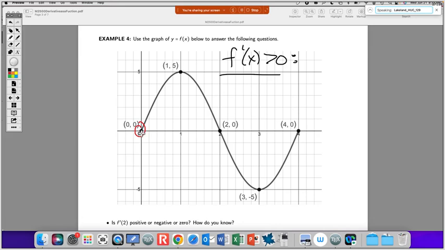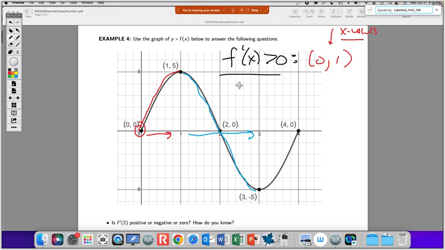But starting off here, you can see that the function is always rising. All of these slopes here are positive. So the derivative would be positive from 0 to 1. And notice these are x values. So coming along here, from 0 to 1, we've got positive slopes. And then at 1, what's the slope? 0. Then the slopes turn what? Negative. And they're going to stay negative until what x value? 3.